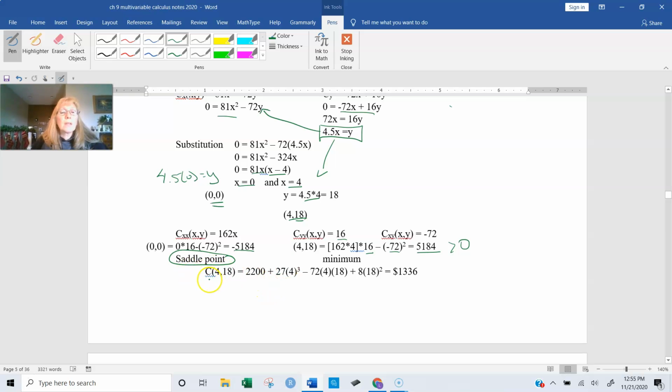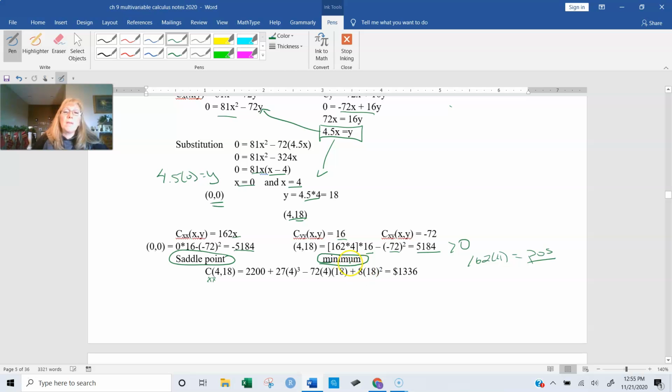So this is our double x, the one we're looking for. When we plug in double x here, we get 162 times 4. So this again is positive, which means this guy is a min.